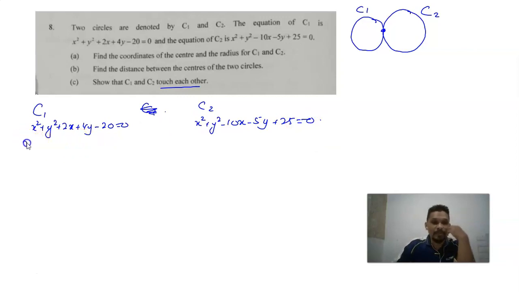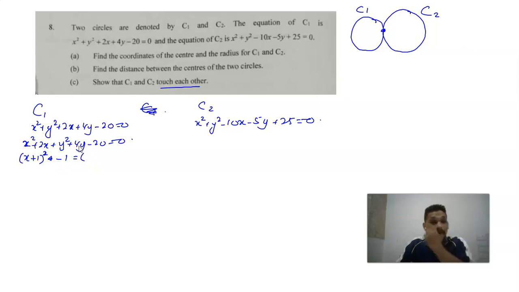Okay, one by one: x squared plus 2x plus y squared plus 4y minus 20 equals 0. For the process of completing the square, x squared plus 2x plus (2 over 2) squared minus (2 over 2) squared. Just imagine 2 divided by 2, it comes up with (x plus 1) squared, minus 2 divided by 2 equals 1, 1 squared is 1.